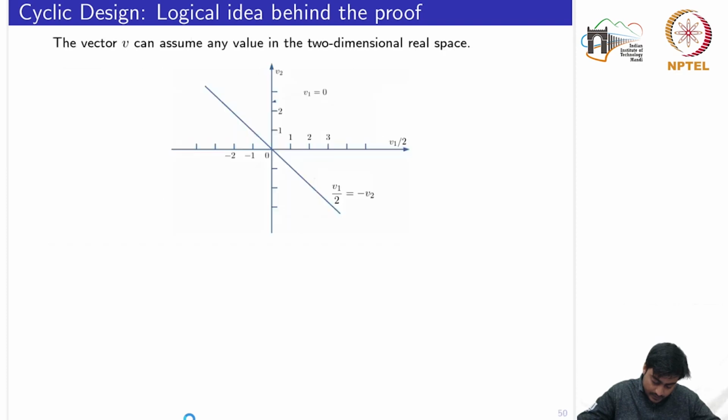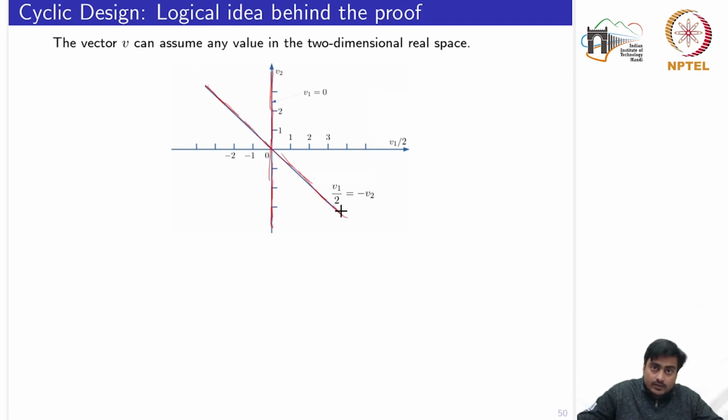We can visualize this in a two-dimensional space because we have only two variables, V1 and V2. The first condition is V1 equals 0, which is this line. Along this line V1 would always be 0. Another condition is that V1 by V2 should not be equal to minus 2, so we have normalized the x-axis by V1 by 2, and V should also not lie on this line.